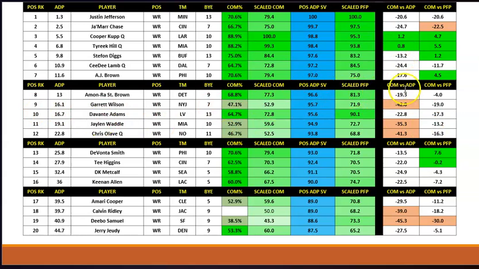Again, I divided by tiers. Okay, the next tier is 8, 9, 10, 11, 12. Nobody is jumping out. In fact, Wilson, Waddle, and Olave tend to be the worst in this tier. They're kind of not a bargain at all.